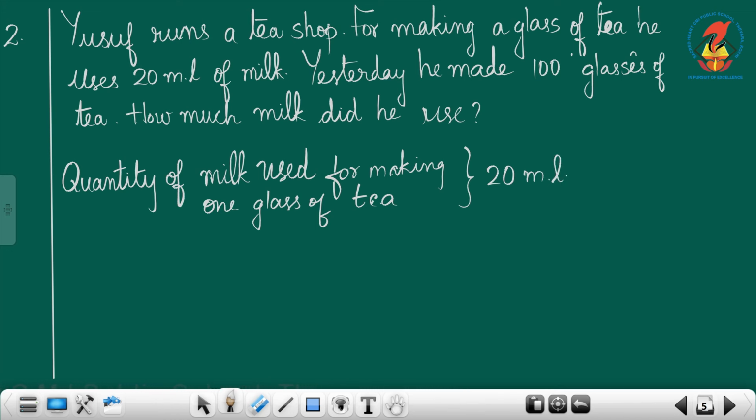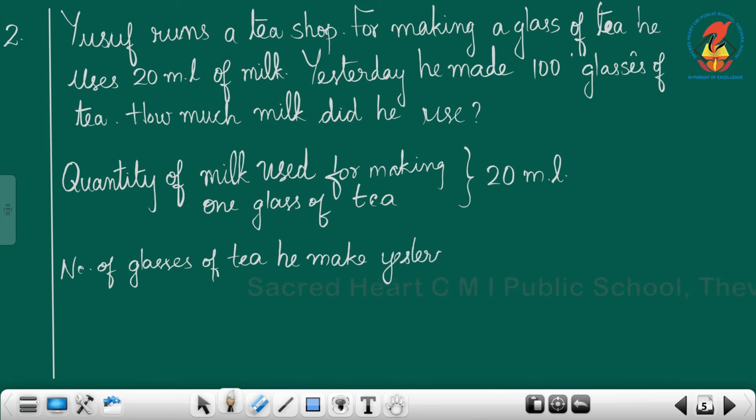Okay. Yesterday he made 100 glasses of tea. So, number of glasses of tea he made yesterday, that is 100 glasses.